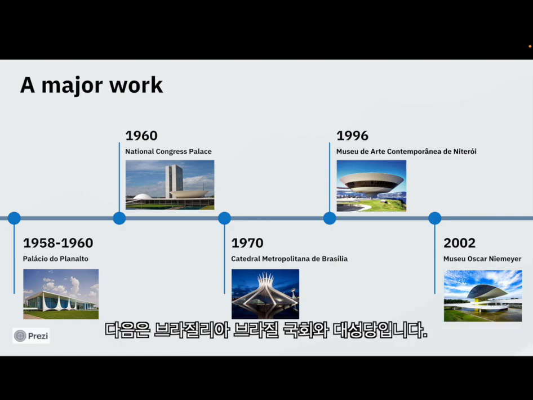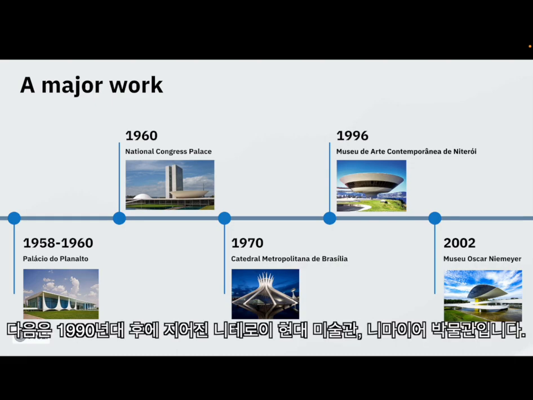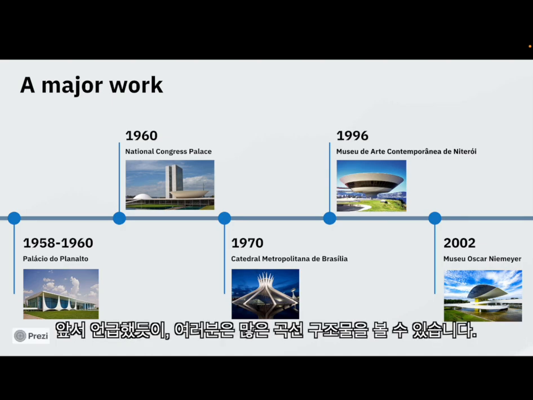Next are the Brazilian Parliament and the Cathedral. Next are the Niemeyer Museum of Modern Art and the Oscar Niemeyer Museum, which were built after the 1990s. As mentioned earlier, you can see many curved structures.